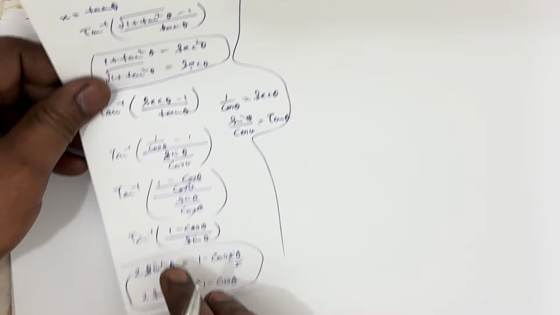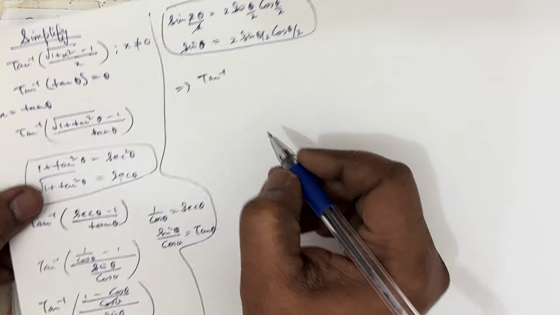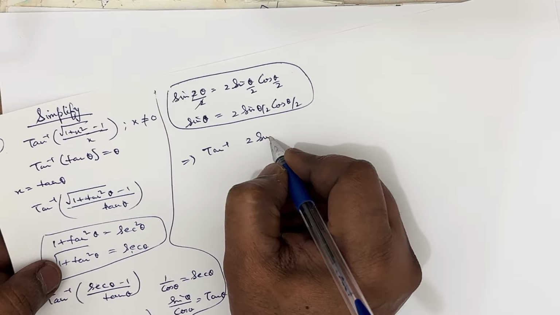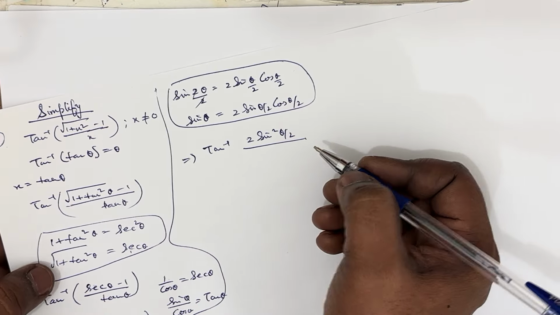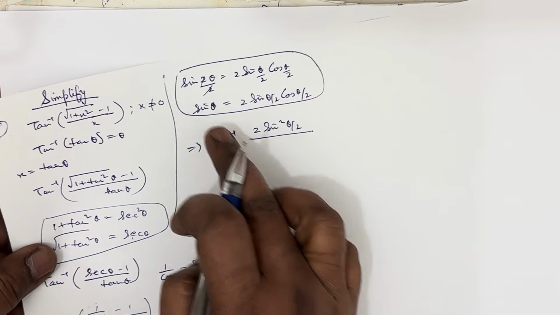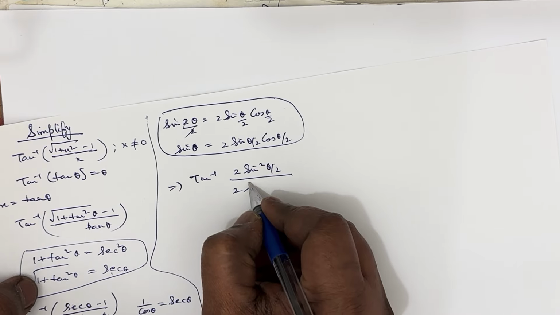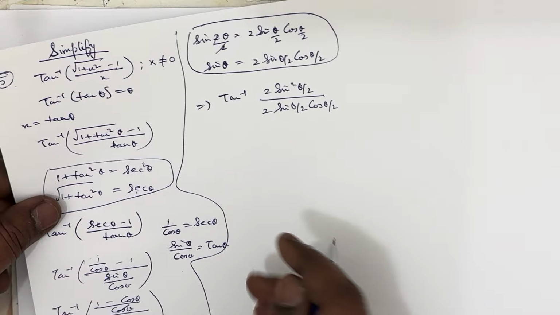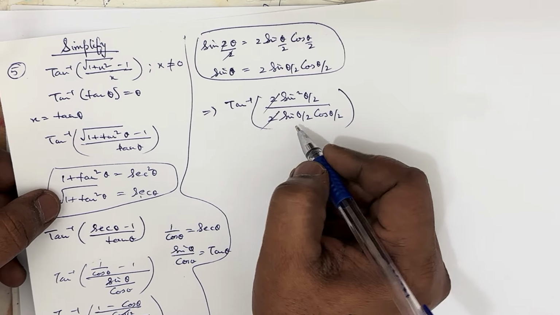So here we'll get tan inverse of 2 sin square theta by 2, all divided by 2 sin theta by 2 cos theta by 2. This 2 and 2 get cancelled.